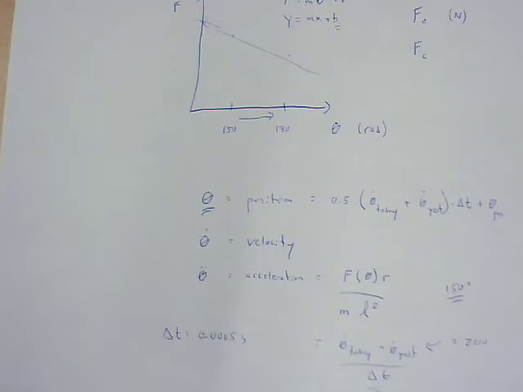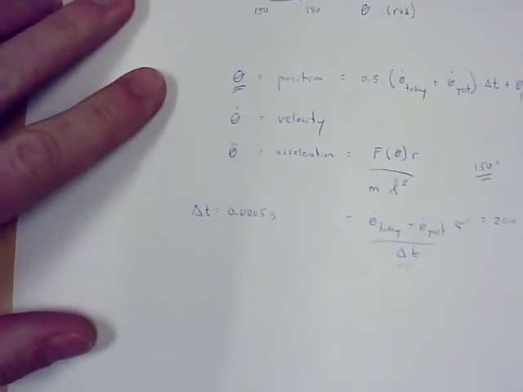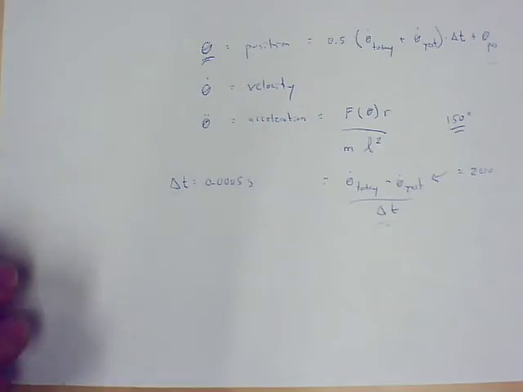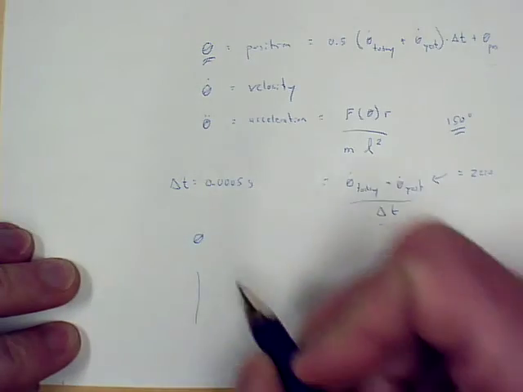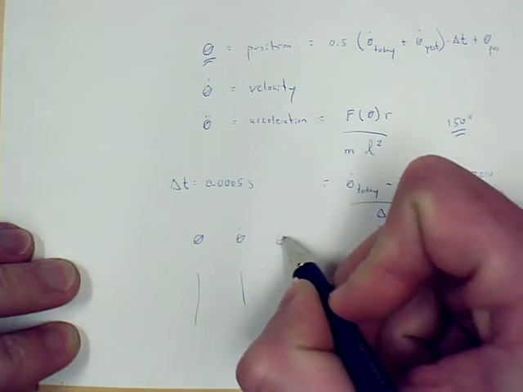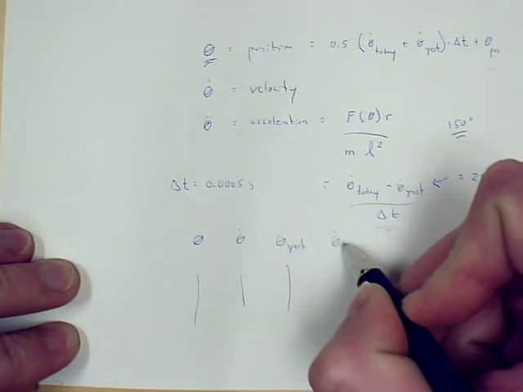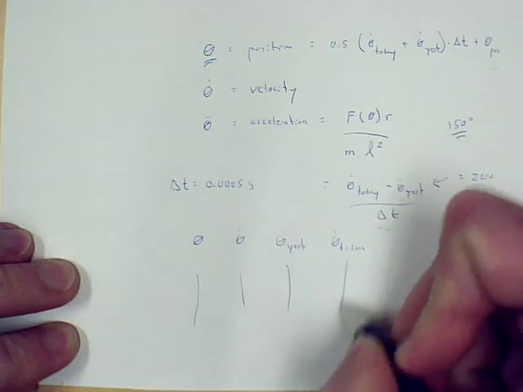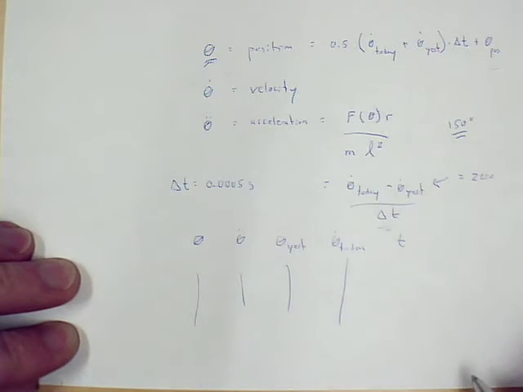And again, we're basically creating a simulation. And so what you're going to want to do in Excel is basically create a table where you have a column for your position, a column for your acceleration, a column for your velocity yesterday, a column for your velocity today, and then of course your time. Okay.